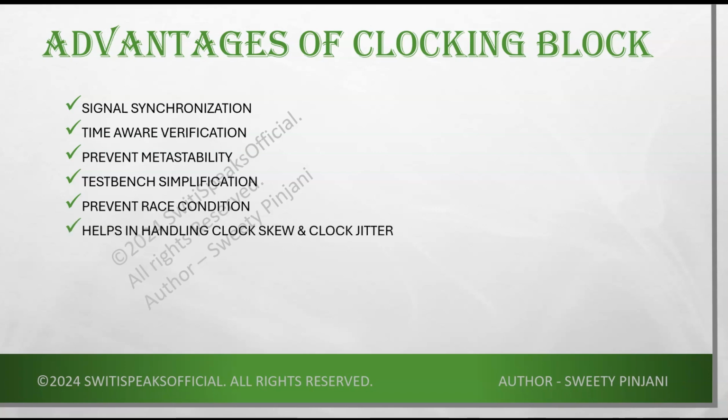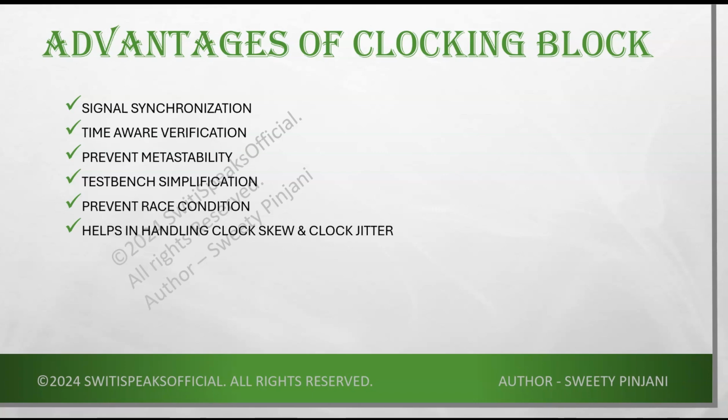What is the next advantage of clocking block? It helps you in handling the clock skew and clock jitter. Let's understand what happens here. Clock skew can happen when the clock edge arrives at different areas of the chip at different times. The same clock is going to go to different areas in your chip, and it is possible that it arrives at different times.